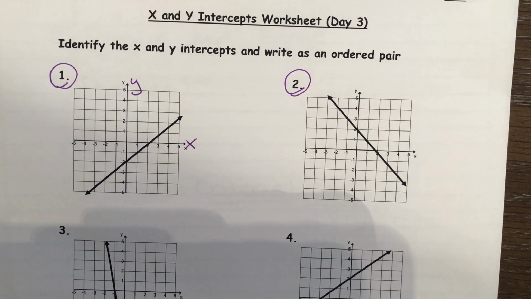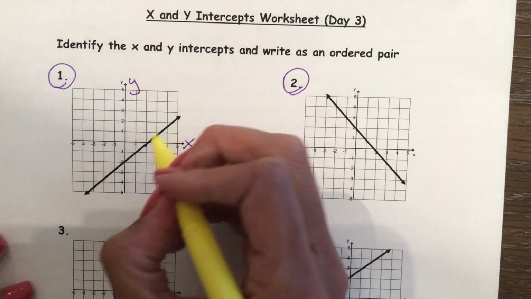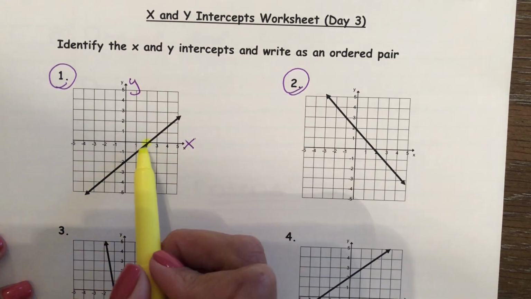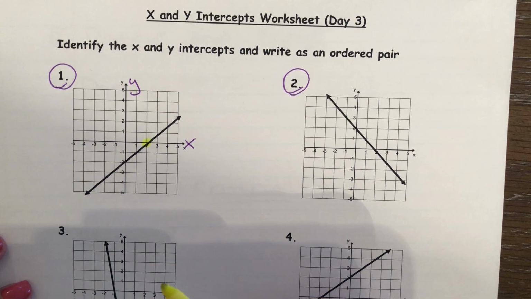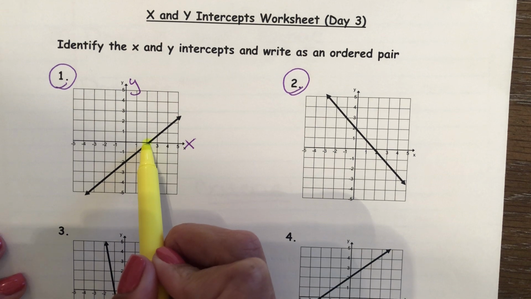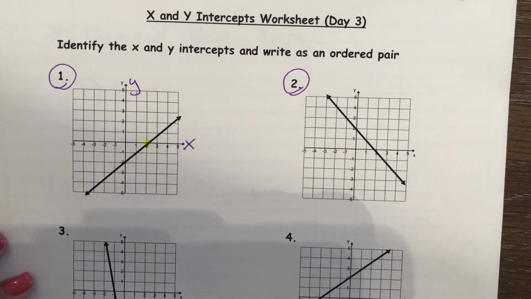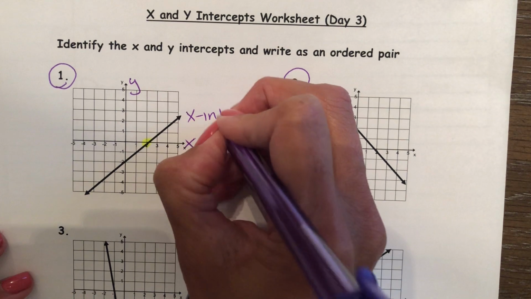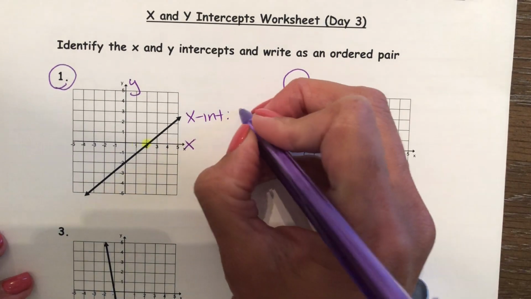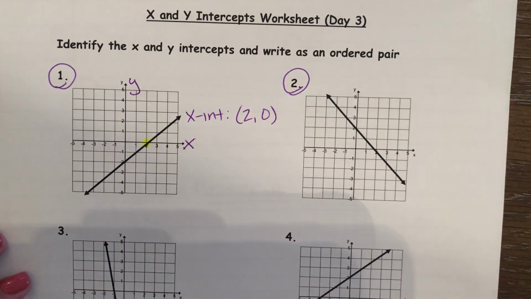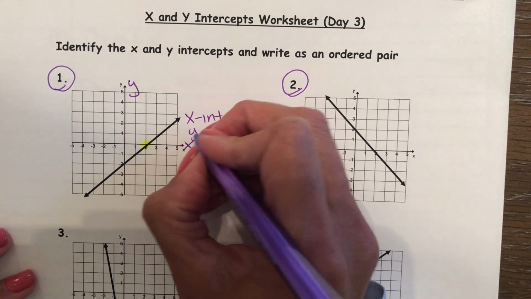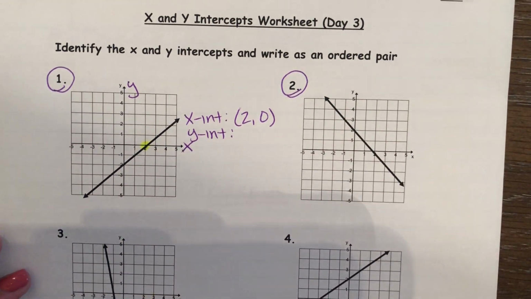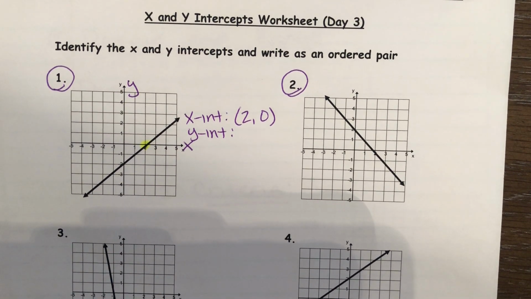So I'm going to highlight where this graph crosses the x-axis, and I see it's right here. The intersection of the x-axis and the graph is right here at the point (2, 0). So my x-intercept is the point (2, 0). I'm going to do the same process to find the y-intercept, but I'm going to look at where this graph crosses the y-axis.